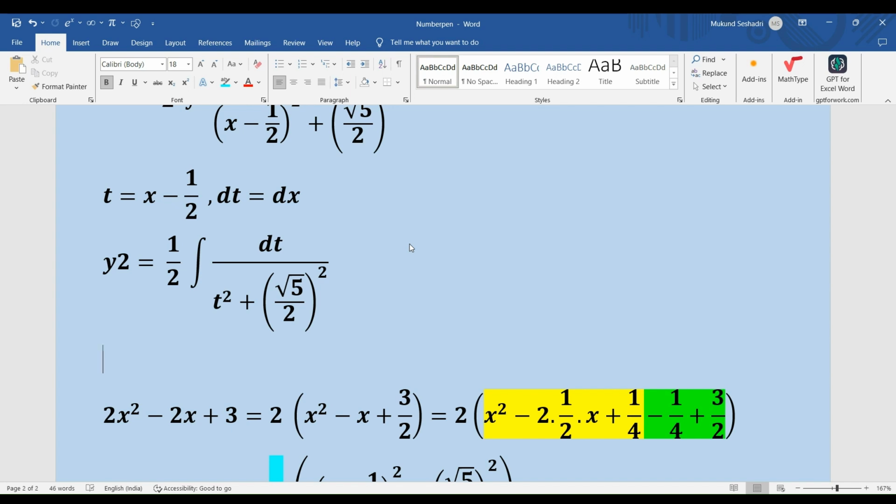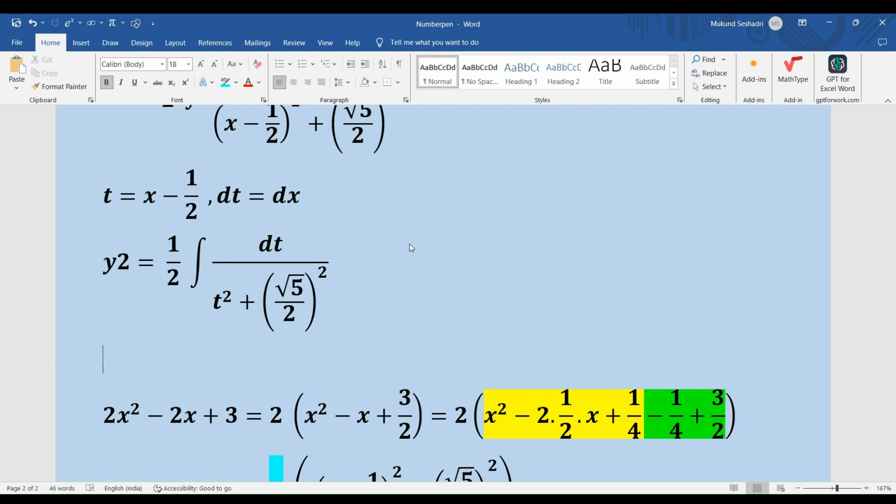In case you make a small error, you'll get the final answer completely wrong. So it's always better to make the corresponding substitution and then solve this problem. That's my way. But if your memory is too good and if you're able to remember the formula, then well and good, right?